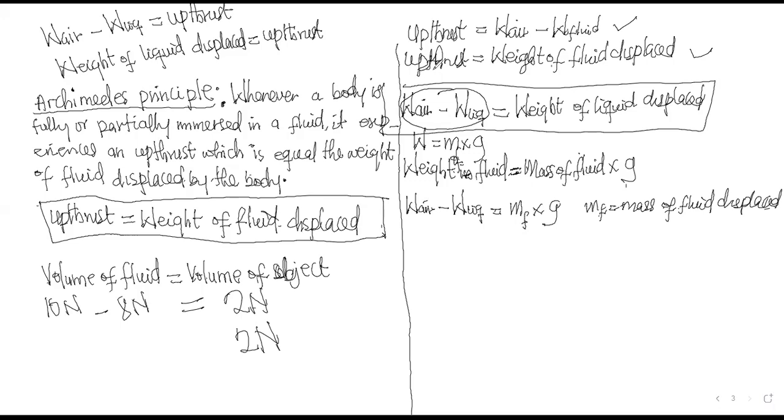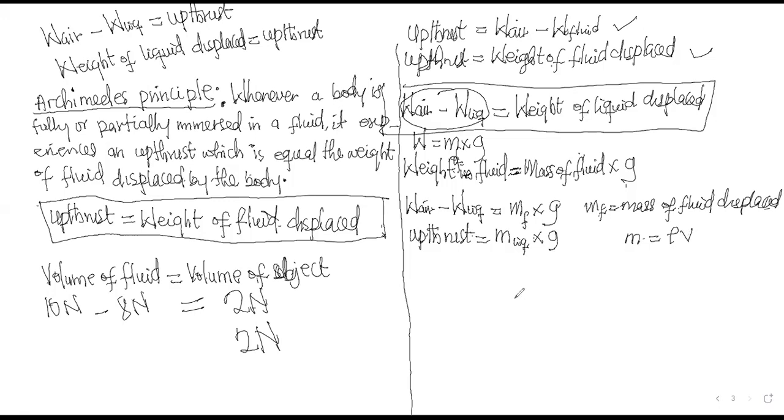All right. So upthrust is also equal to the mass of the fluid displaced times gravity. We can also express mass in terms of density and volume.